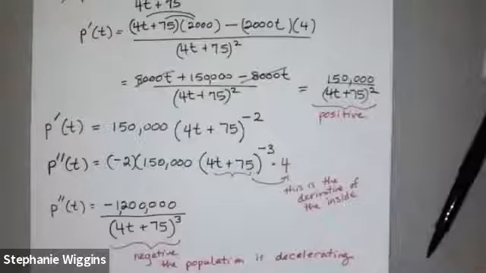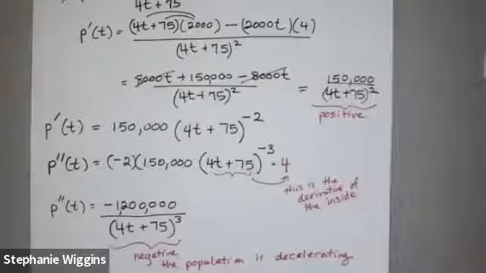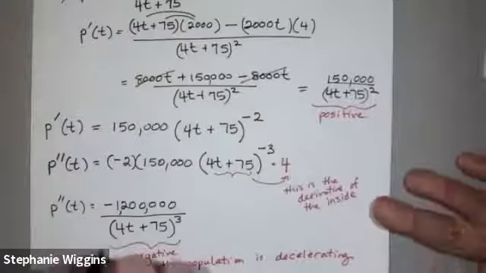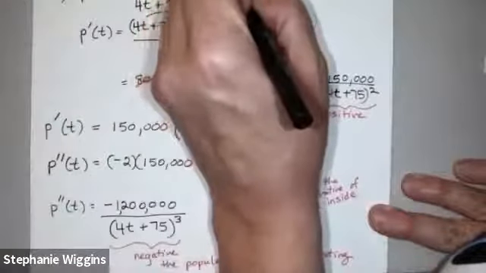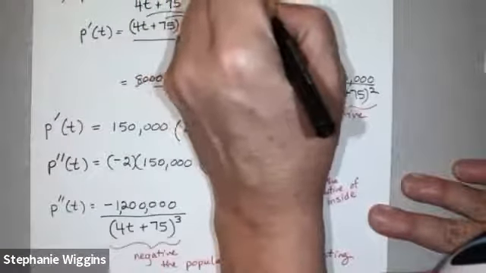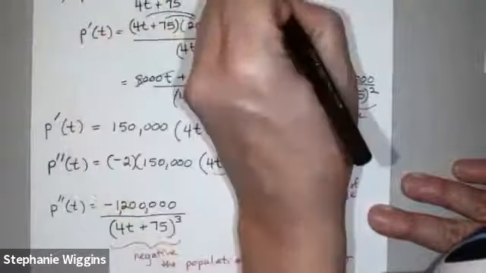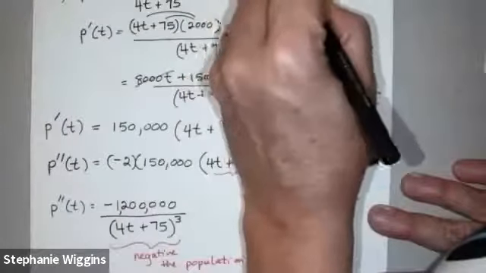As time goes forward, imagine time going off to infinity. Let's say the limit as t approaches infinity of our population P of t.